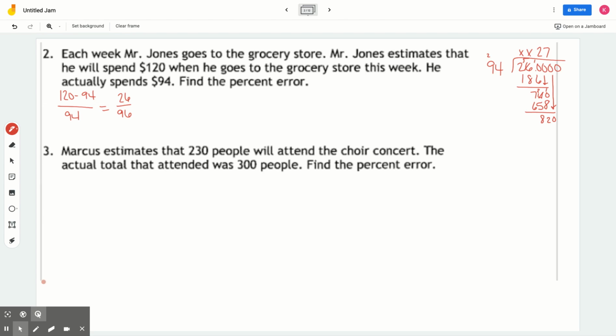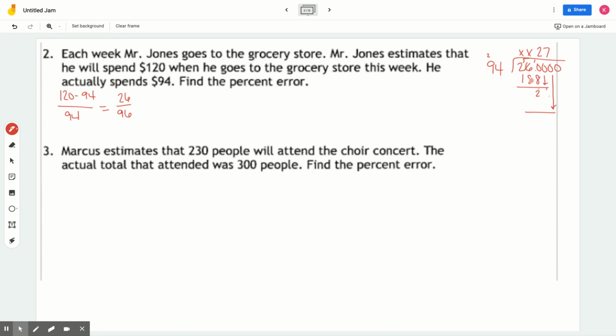It looks like I actually had a small error here. Let's go back and take a look. So 7 times 94 would be 188. So let's see if that will change our answer at all. So 2 times 94 is 188. 10 take away 8 is 2.